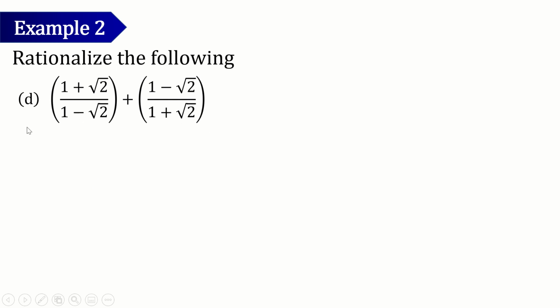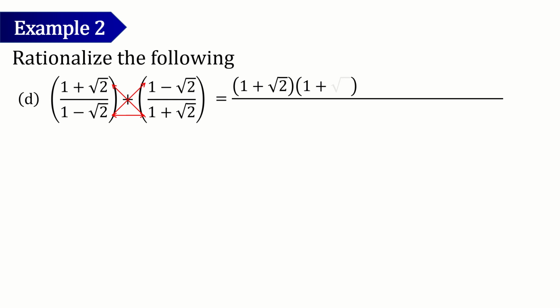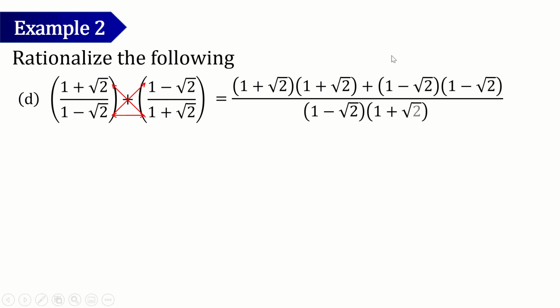But for this question, if you realize that the denominator of the second fraction is the conjugate of the first denominator, then if we cross multiply these two fractions, it is already done with multiplying the conjugate. So we just cross multiply these two fractions, and it happens to be multiplied with its conjugate.